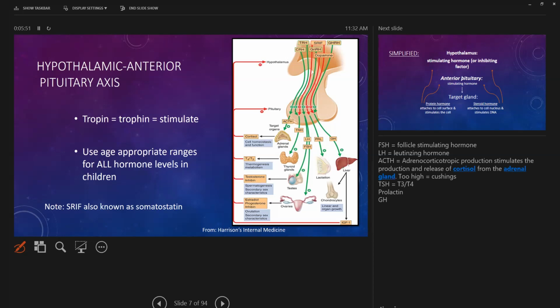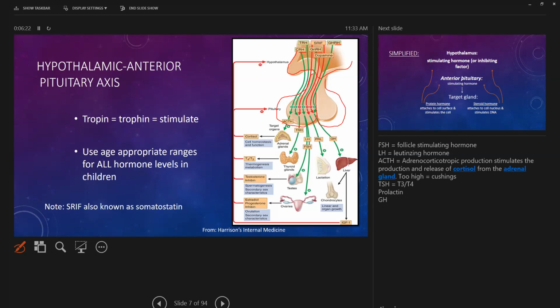All right, so let's look here. So let me get my little pointer out. So all these releasing hormones, you see a lot of this releasing hormone, for the most part trigger the anterior pituitary. So this is our hypothalamus here. And then we've got the anterior pituitary here, also known as the ant pit, and the posterior pituitary, obviously, here.